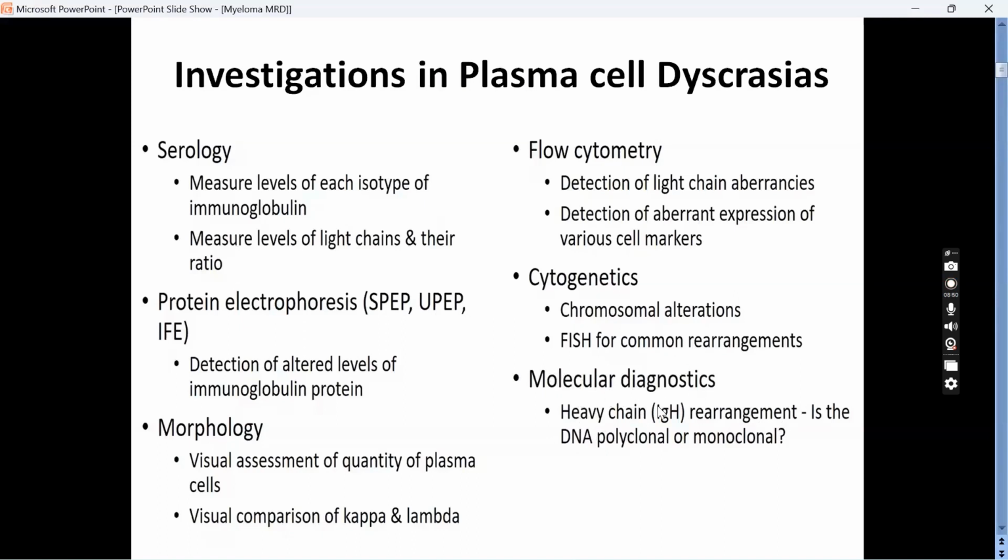So yes, molecular diagnostics can be used for detecting residual disease or monitoring myeloma during the course of treatment. Whereas, as I said, protein electrophoresis, morphology, and cytogenetics will not be useful. Serology, yes, up to one level you can use serum free light chains to monitor the disease.